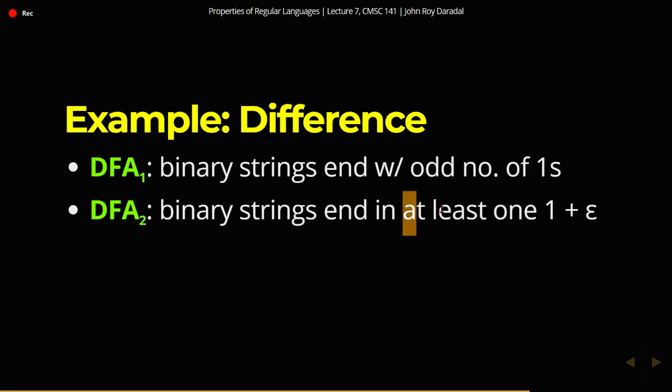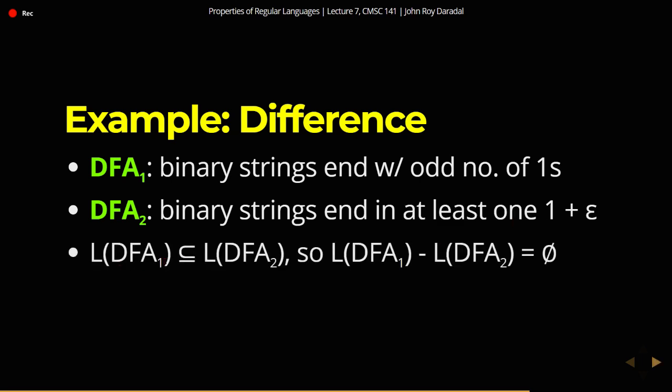You could have an odd number or an even number, it doesn't matter, it's just at least one. Because the language of the first DFA is a subset of the second language, their difference is null. That is why the language of our product DFA was null earlier. Okay, so that's it for difference.